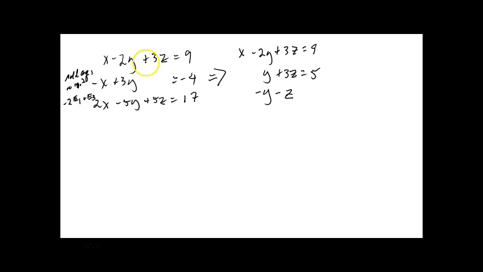And minus 2 times 9 would be minus 18 plus 17 is equal to minus 1.